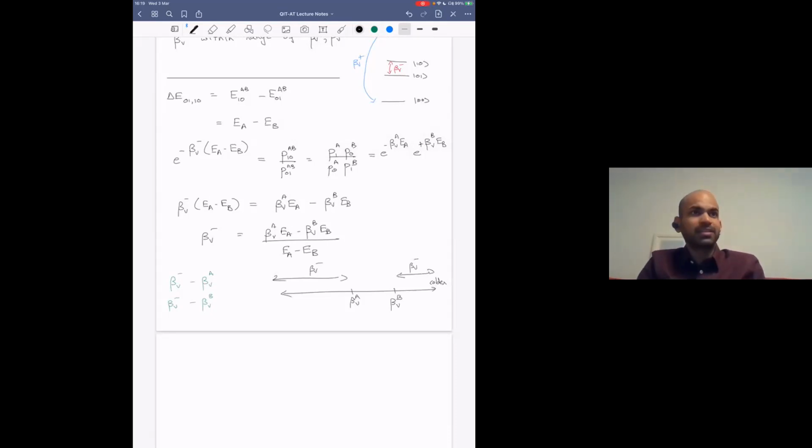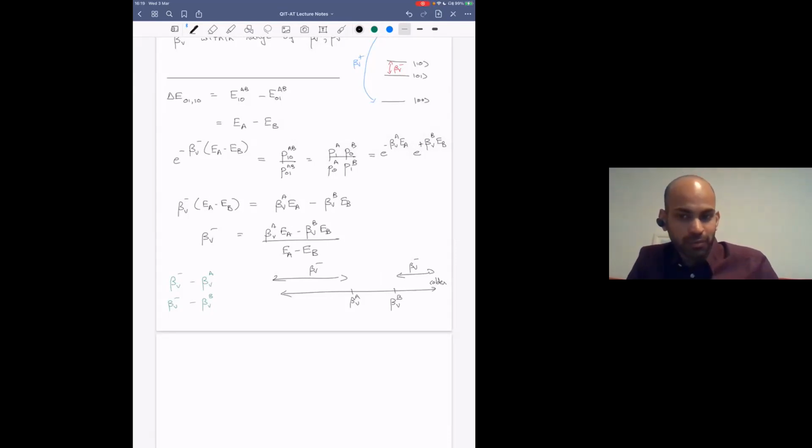And this makes beta V minus the foundation of all of our thermal machines, because remember, in thermodynamics, if you're given two temperatures, it's very easy to create a temperature that is in between. We just bring two objects of different temperatures in contact, and we will have heat flow and some intermediate temperature will arise.